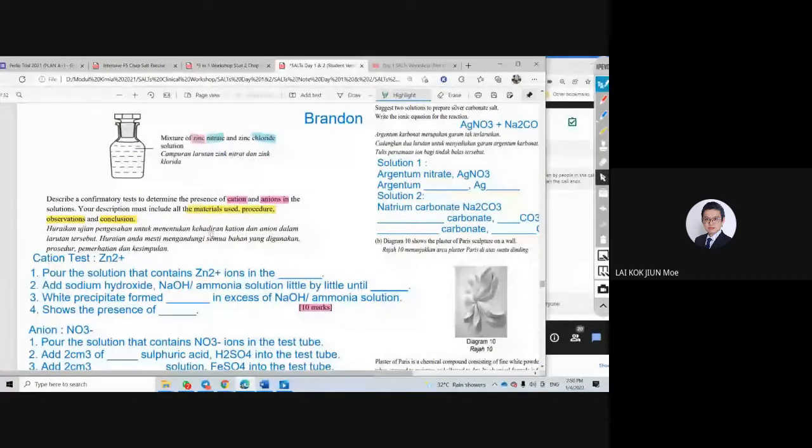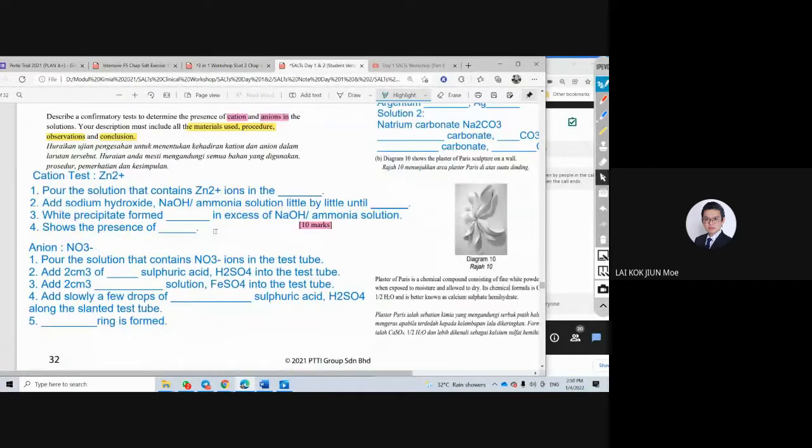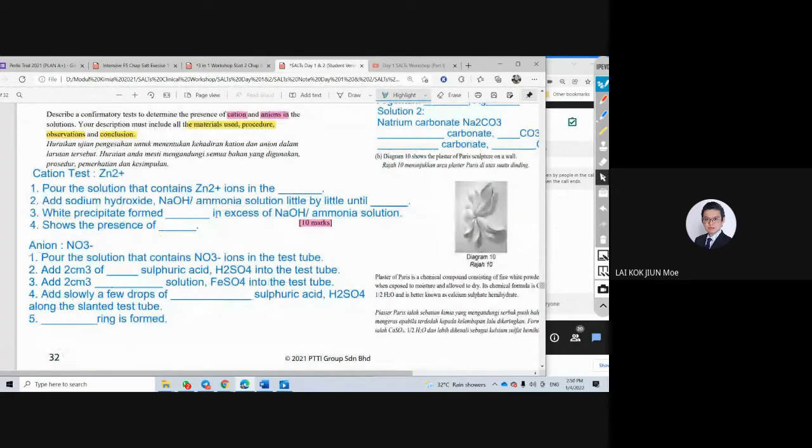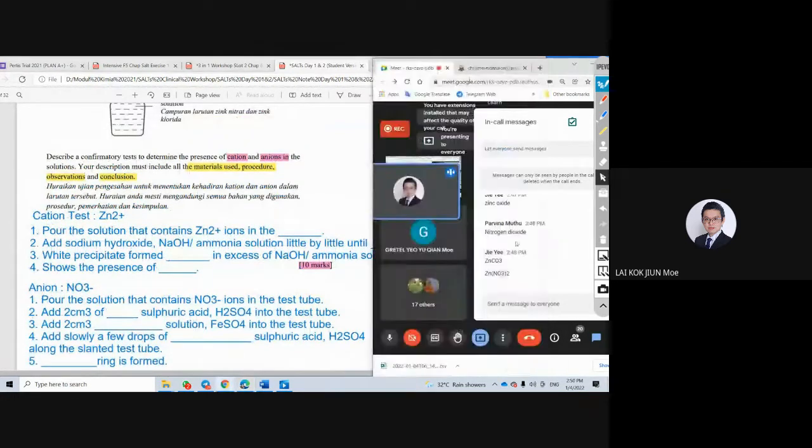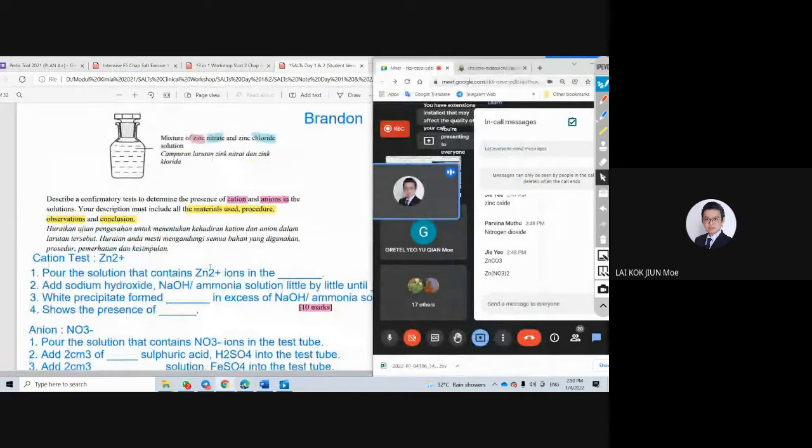Zinc nitrate. Okay, can try. Hold the solution that contains zinc 2+ in the what? Hold inside the test tube.